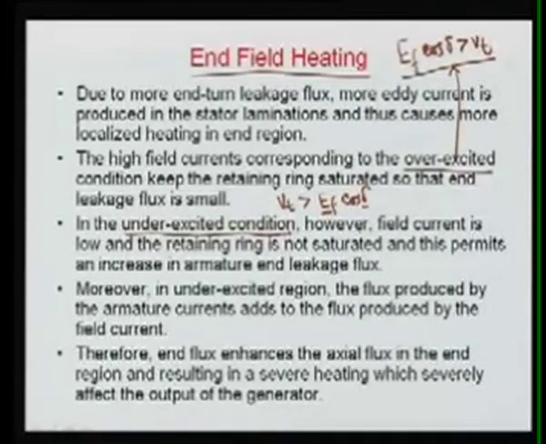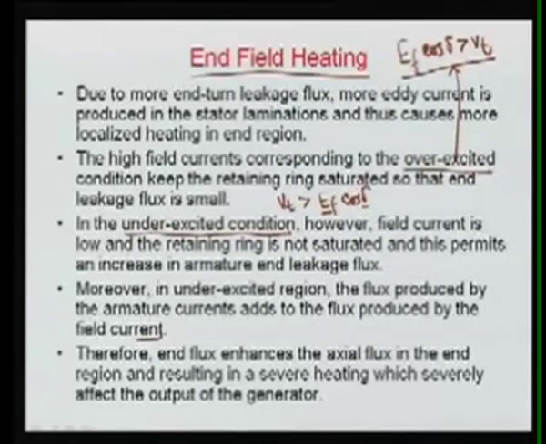This permits an increase in armature end flux, and with more armature flux there is more heating. Moreover, in the underexcited region, the flux produced by the armature current adds to the flux produced by the field.